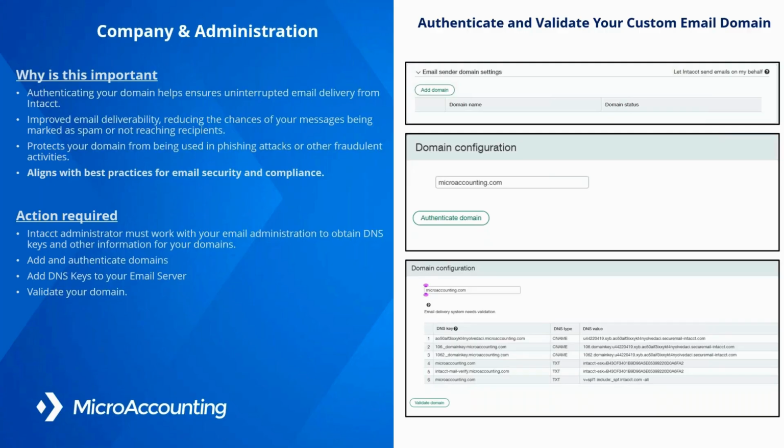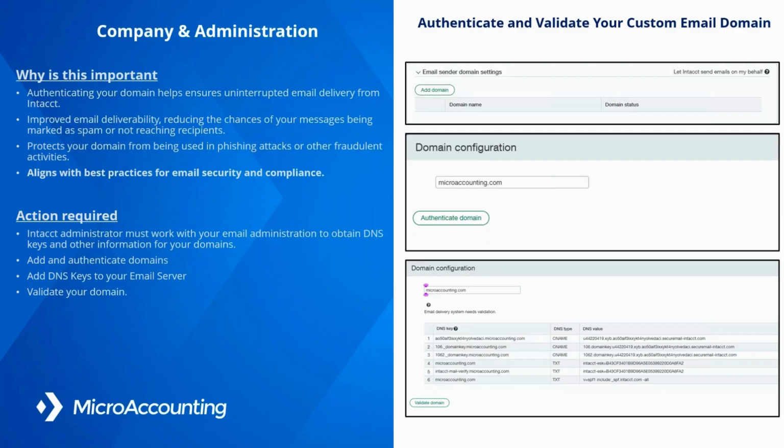I think we've communicated this a few times, but I really want to remind you of the importance of authenticating and validating your email domain. The word custom may be one that makes you think, oh, we don't have a custom domain, but anything at microaccounting, at UFS, any of those, that's a custom domain.